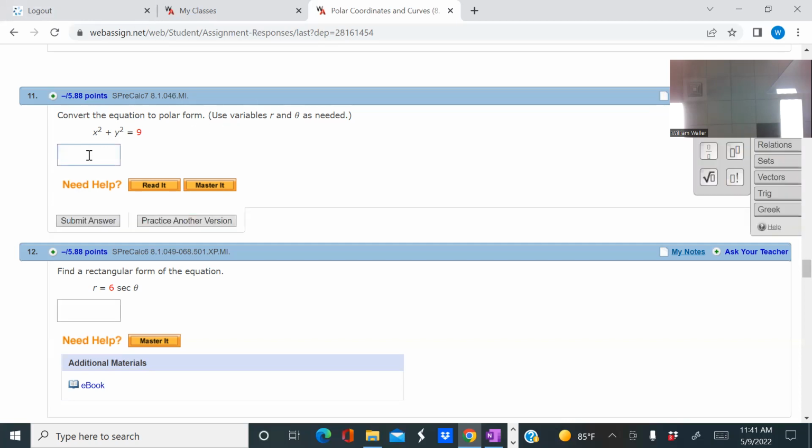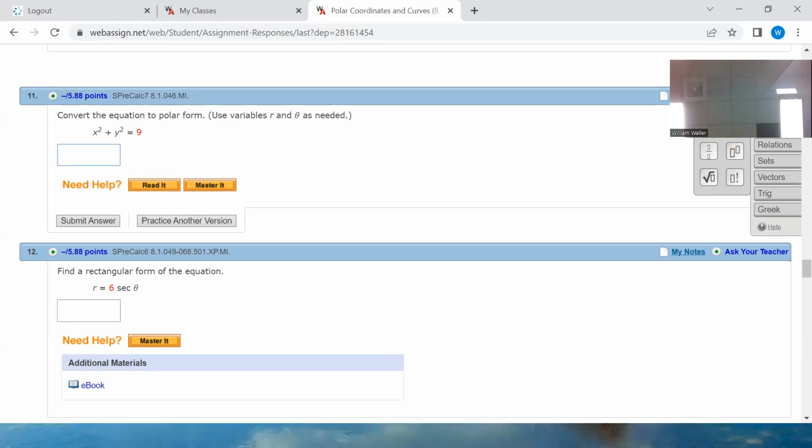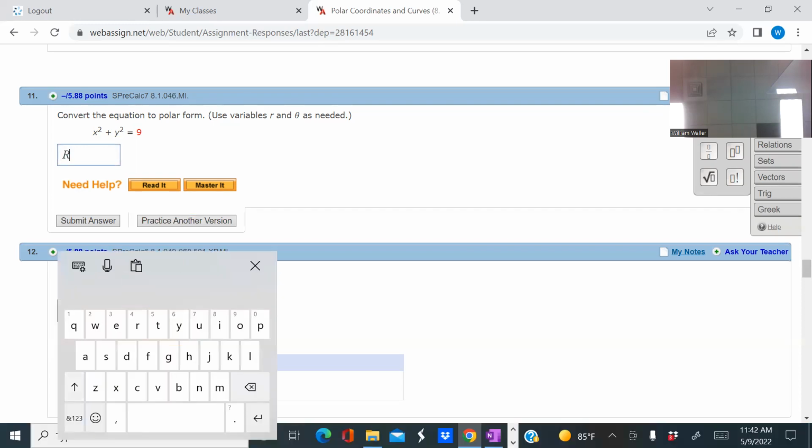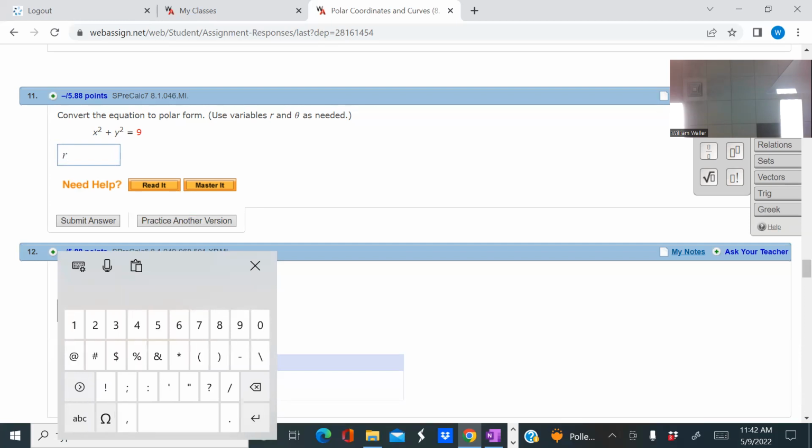Notice it doesn't have a theta in it, but that's okay. It doesn't have to have a theta. So we just get r equals 3.